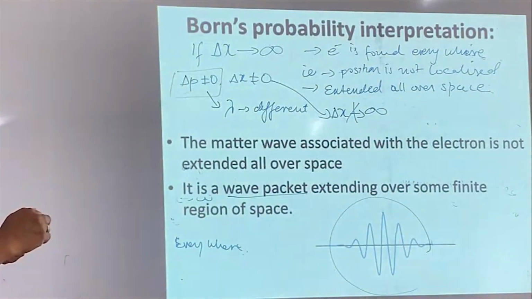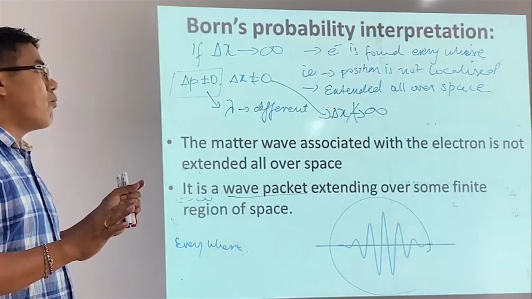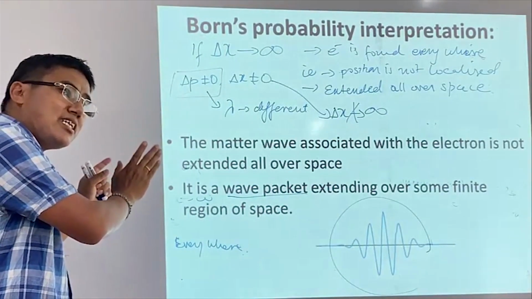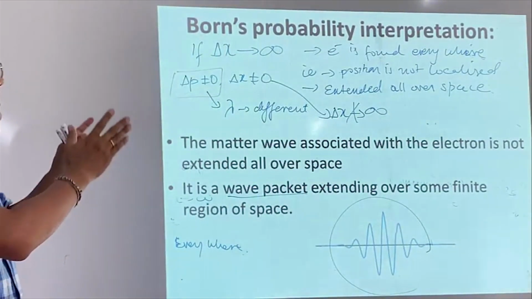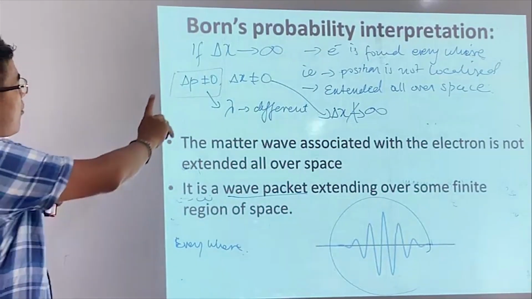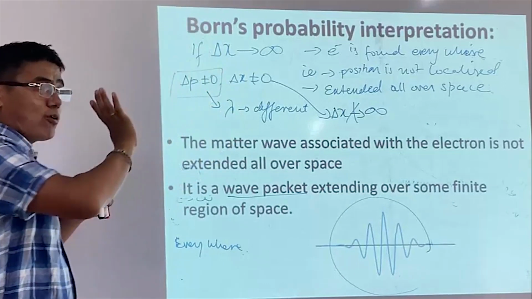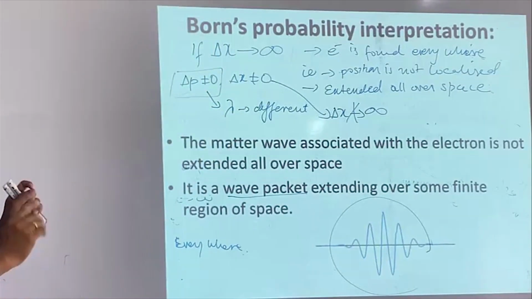So the Born interpretation says that the uncertainty in momentum cannot be 0, and the uncertainty in position cannot be 0; it should be some finite value.